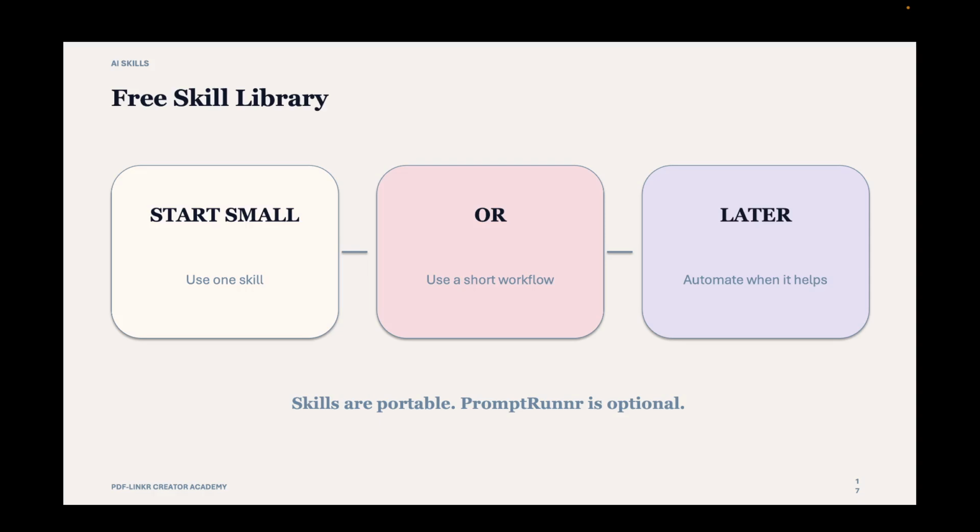Okay. And PromptRunnr is optional. Every skill, when you get to the end, it prompts you: do you want this as a PromptRunnr file? Do you want this as a text file for manual copy and paste? You can always choose that. You don't need PromptRunnr. It's just a huge time saver.